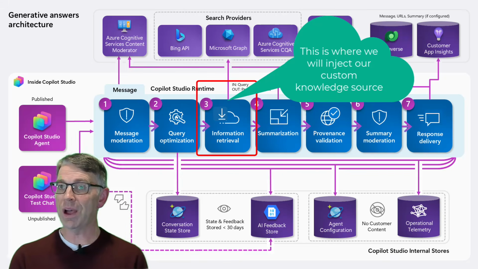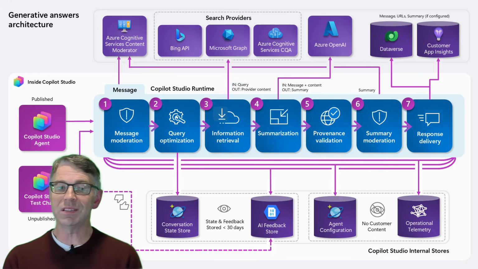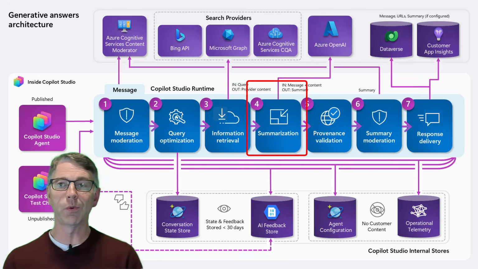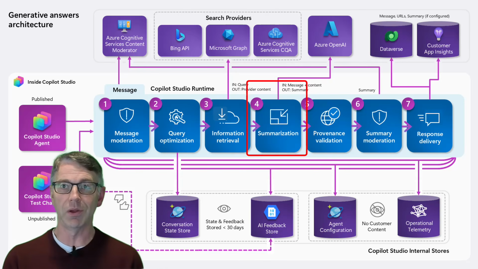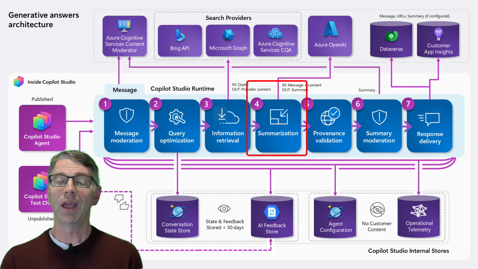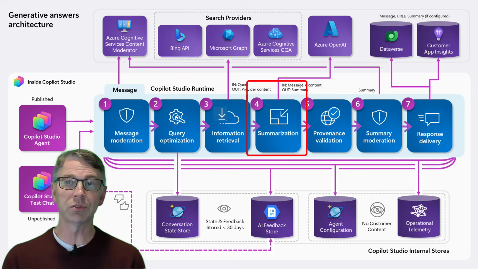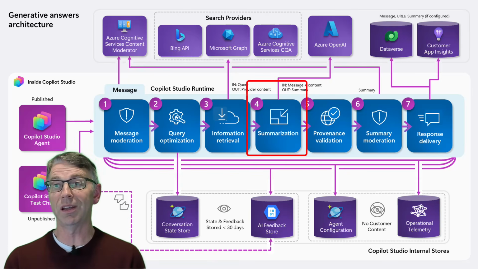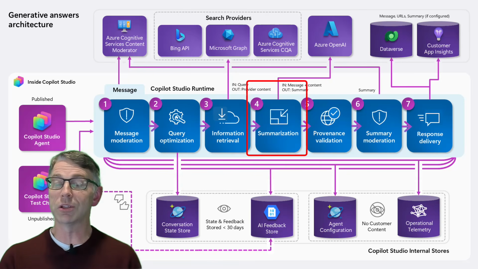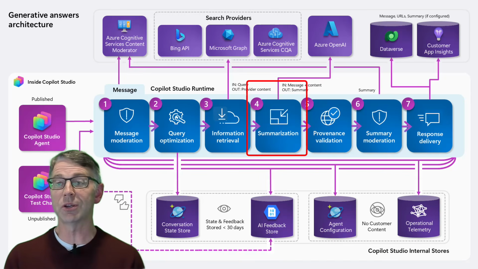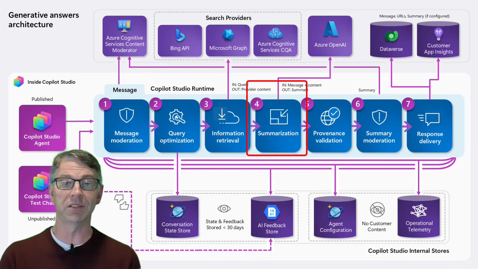Now, beyond that, what happens after this is that's when we go to stage 4. This is where the large language model actually comes into play. And with Copilot Studio, you can choose from a different set of large language models that you want to be used for summarization by changing the default model to one of the ones that are offered inside of Copilot Studio.